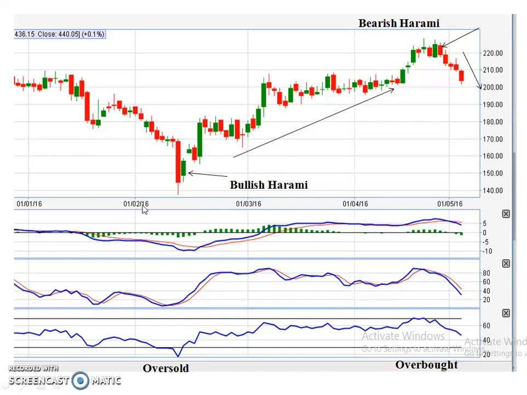In this chart, you can observe the rising trend after the formation of the bullish Harami pattern in the oversold condition. Here you can see the bearish Harami pattern should form in the overbought condition of the stock. In the bearish Harami pattern, the candles are formed as shown on this slide.